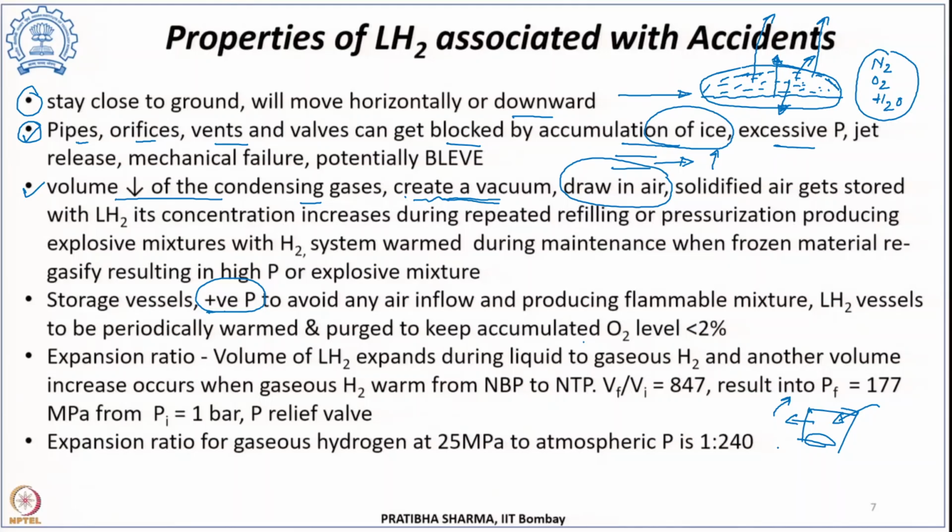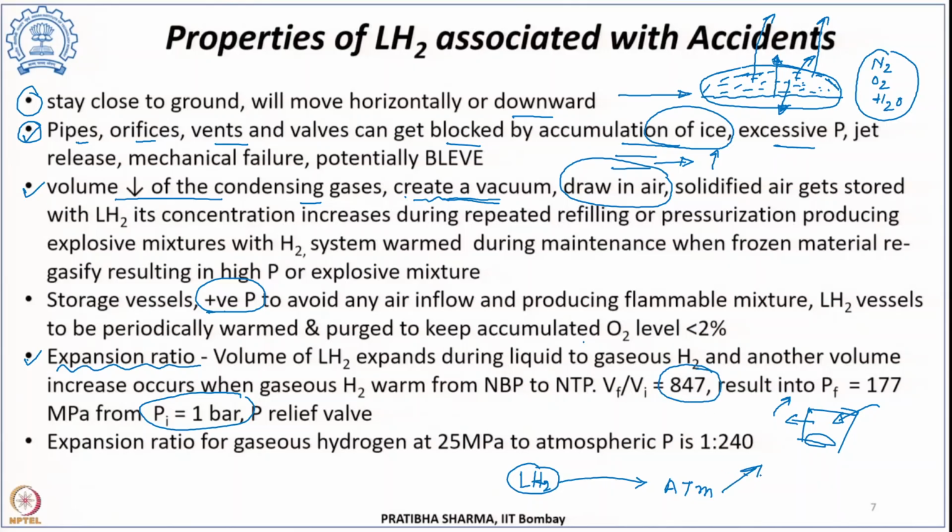Okay. The next one is also important, the expansion ratio. This is very interesting. During the liquid hydrogen expansion process, when liquid hydrogen expands into atmospheric pressure conditions, the volume rise is very high, 847 times.